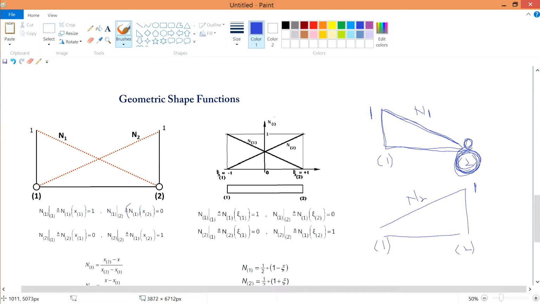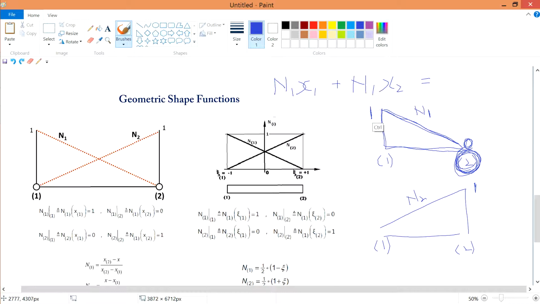And therefore, from here you can see that the shape function of N1 at node 2, or x2, is equal to 0. So if you have N1 at x1 plus N1 at x2, you always have it equal to 1, because this thing is 1, because this thing will become 0.